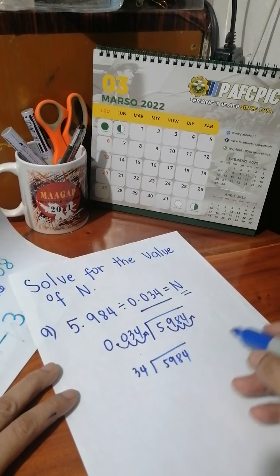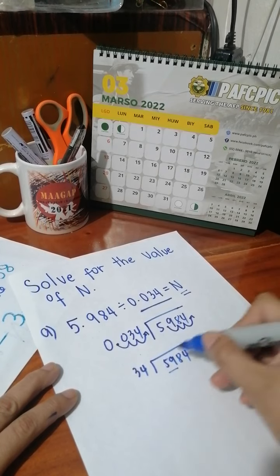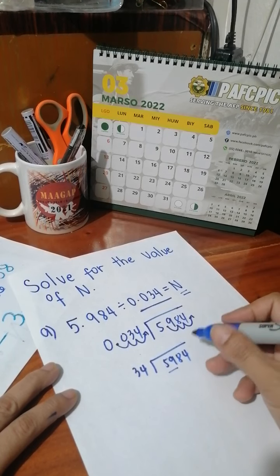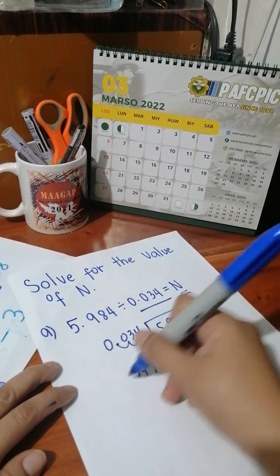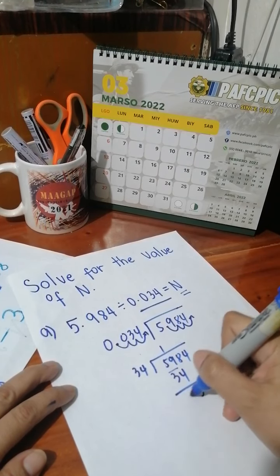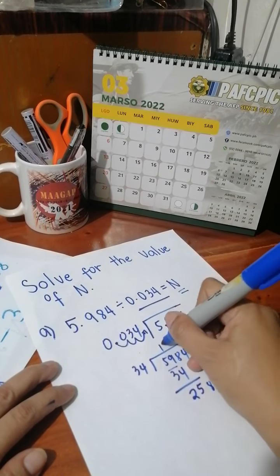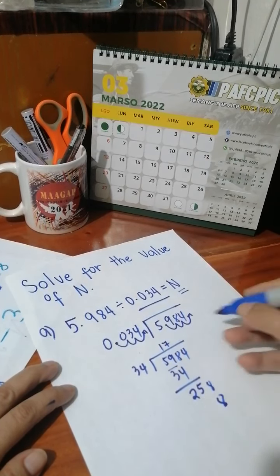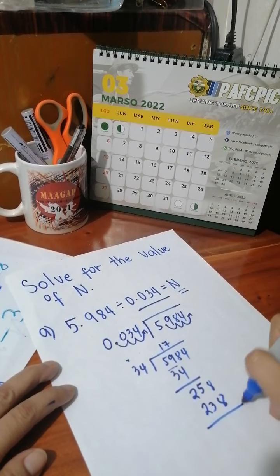So, next, let's divide. So, this one, 34, possible naman yung 59, so divide this. We're going to get 1. So, this is 34, 25, 2. Next, bring down the 8 here. So, we got 7, 28, 2, 21, 23.